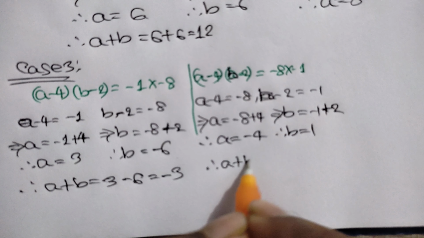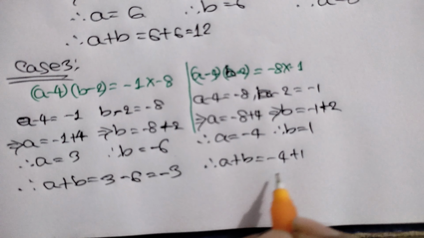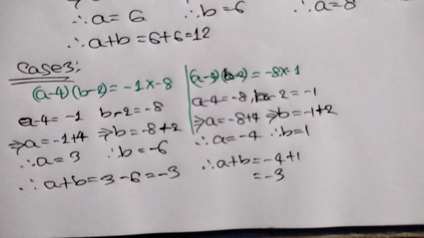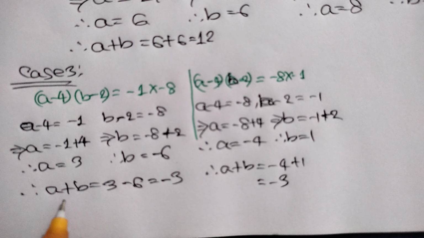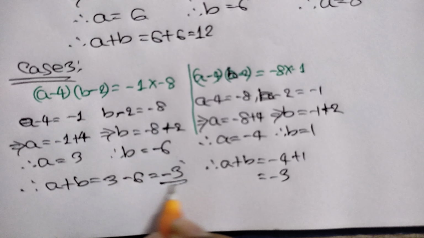So a plus b is equal to negative 4 plus 1 is equal to negative 3. So the third value of a plus b is equal to negative 3.